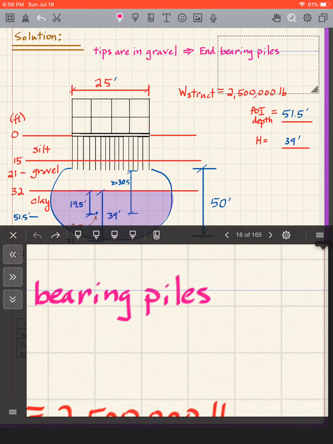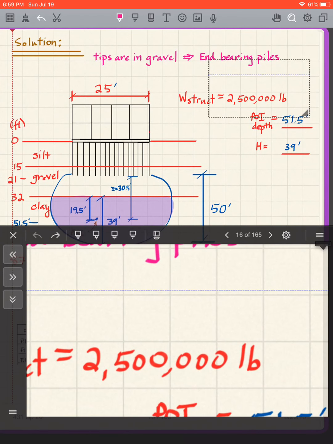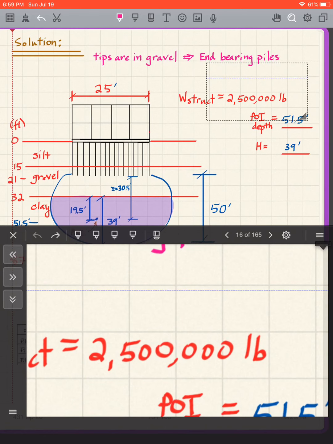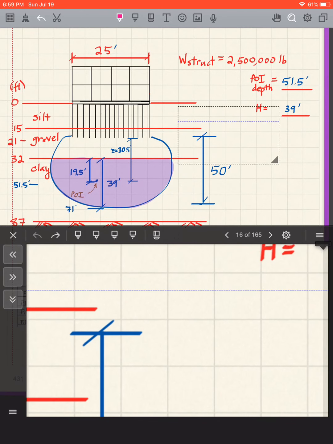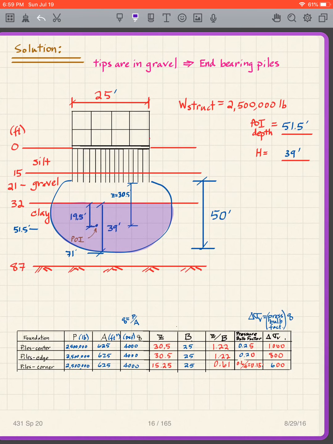The building width is 25, so that's 50. We go 50 feet, which means that 50 feet plus the 21 takes us down to 71.